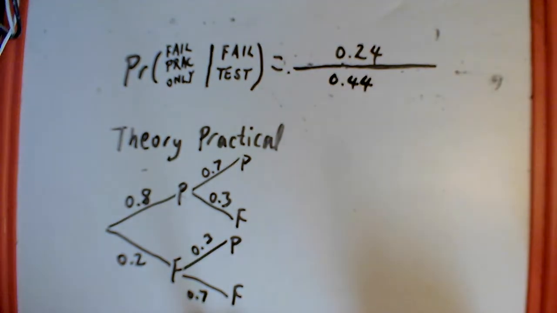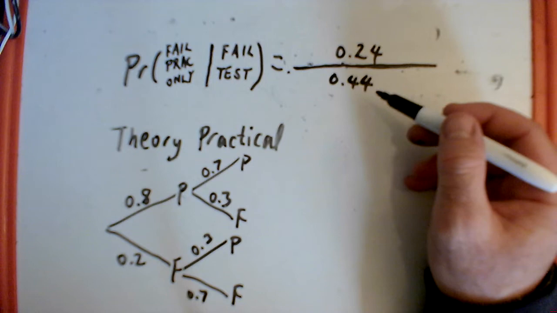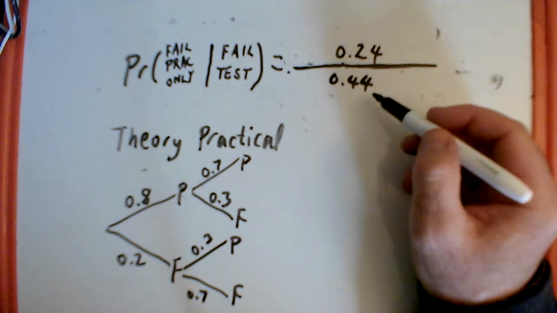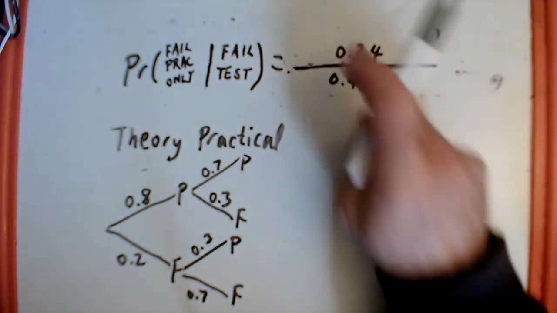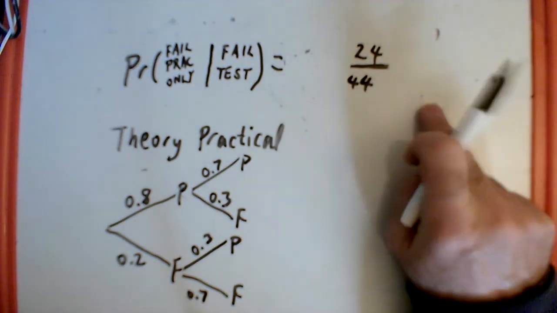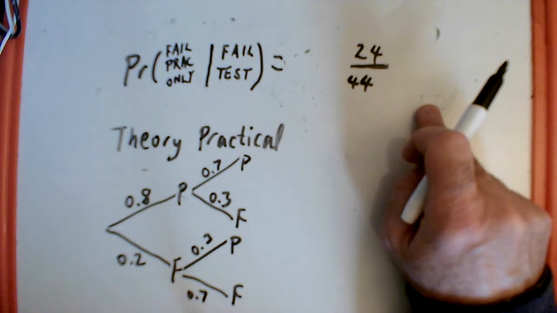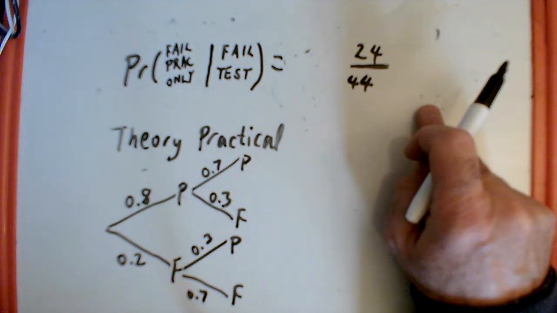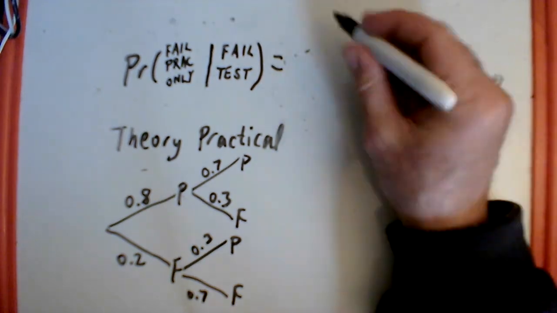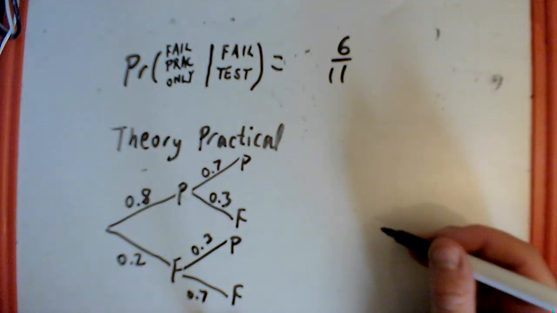So the probability that he fails the practical only, given that he failed the test in some way, is 0.24 out of 0.44, which is the same as 24 out of 44, which is the same as 12 out of 22, which reduces to 6 out of 11.